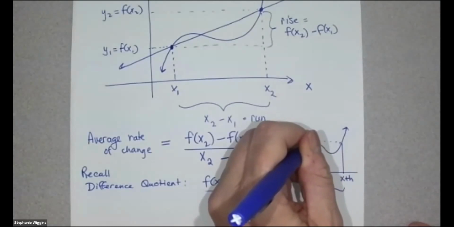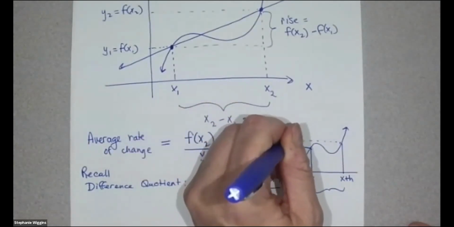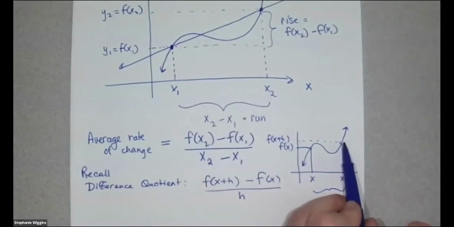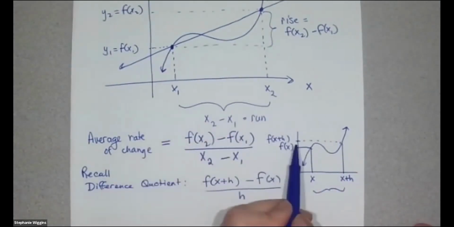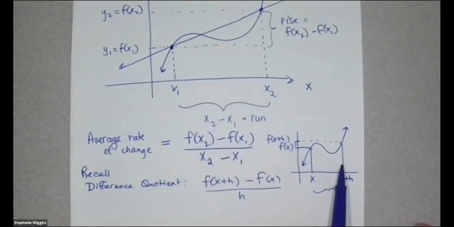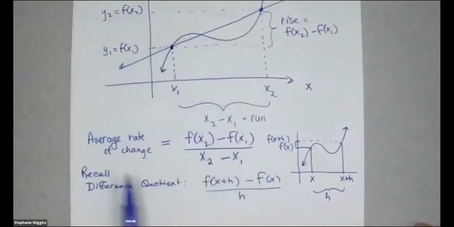And this distance is f of x plus h, right? You just plug it in and go over. So this is the rise. This little piece here is the rise. This is the run. So the rise is f of x plus h minus f of x, and the run is h. So it's really the same thing, it's just written a different way, okay?